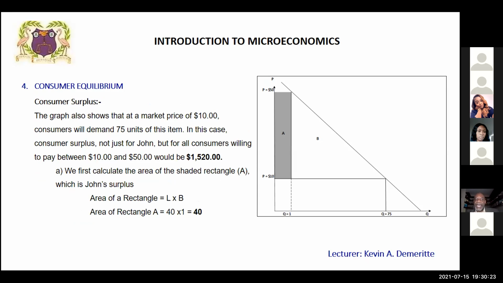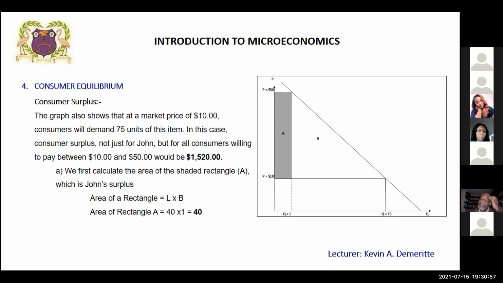The graph also shows that at $10, the market price of this item, the store was able to sell 75 units. If we're trying to calculate the market surplus for everybody who purchased this item, not just John, we would add up everybody who was willing to spend more than $10 for this $10 item.